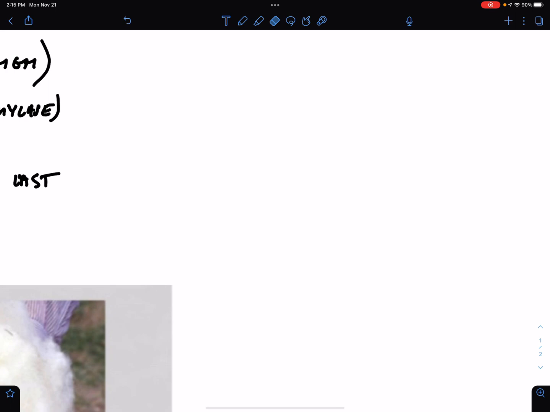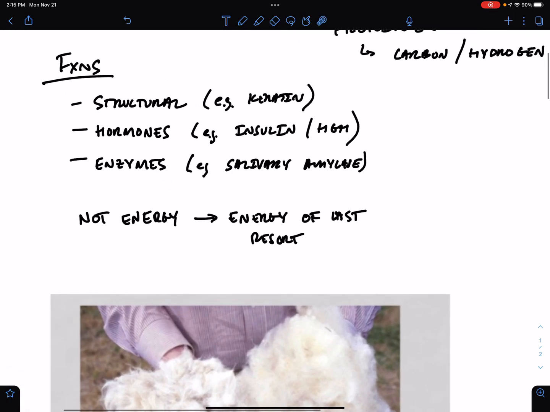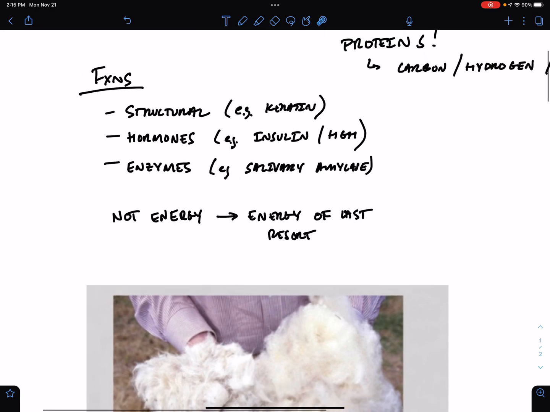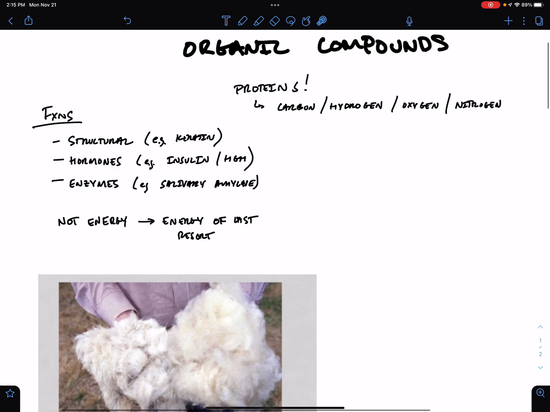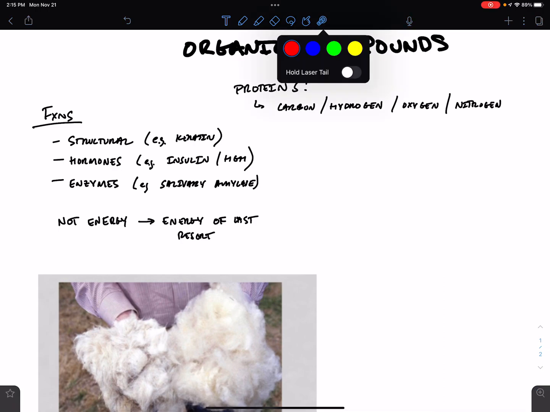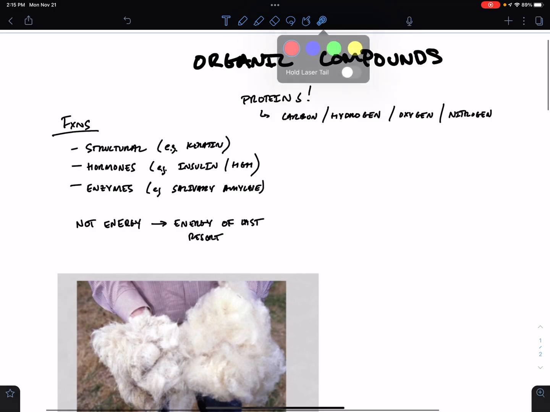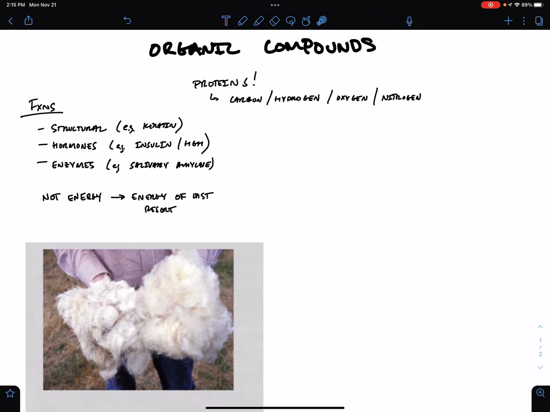Know that protein is the energy of last resort, or it's not an energy form that your body really wants to use for energy. If you're burning the protein in your body, it essentially means that you're starving. If you overconsume protein, it's going to be deaminated and converted to a different form. You're going to pee out the excess, and it's either going to enter the citric acid cycle or be converted to fat. So don't be swindled by protein powders. Just eat a complete diet and you're going to get plenty of protein.